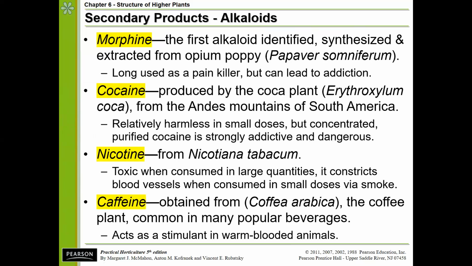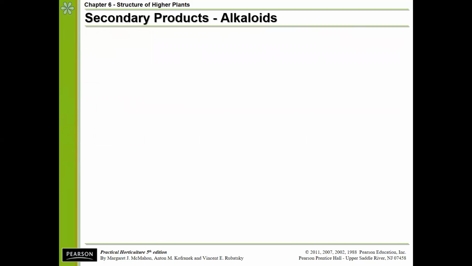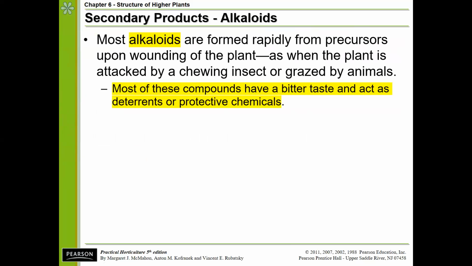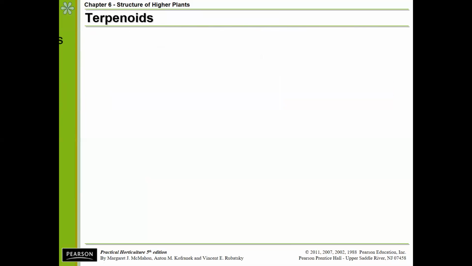These are all secondary products that might have some use in plants in protecting the plant itself, but really are more important for medicinal or recreational uses for humans. We also have alkaloids, different secondary products that are often used by plants, again, as protectants or deterrents, often to things that are like herbivores, things that are eating on the plants.